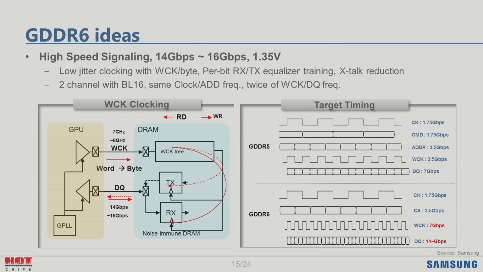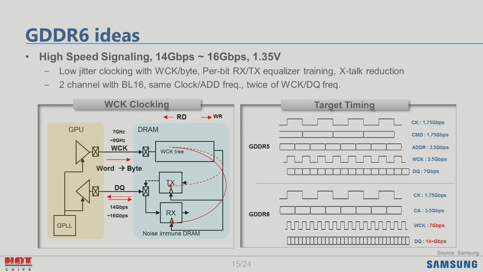Okay, let's talk about the maximum speed target of traditional DRAM, only with single-ended signaling. The maximum target of GDDR6 is 16 Gbps on a 1.35 voltage system. Fortunately, we still have several technologies that we can use in DRAM.